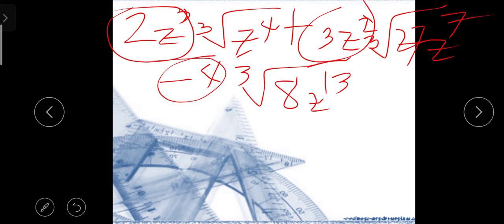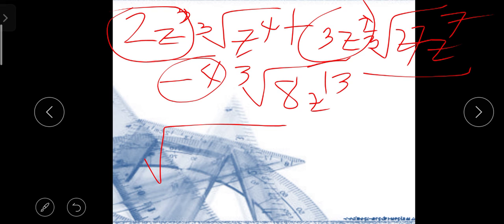Okay. Next, we have, ano yung ating second term? Ang second term natin ay 27 z raised to the 7th power. So, magkakaroon tayo dito sa second term ng square root.